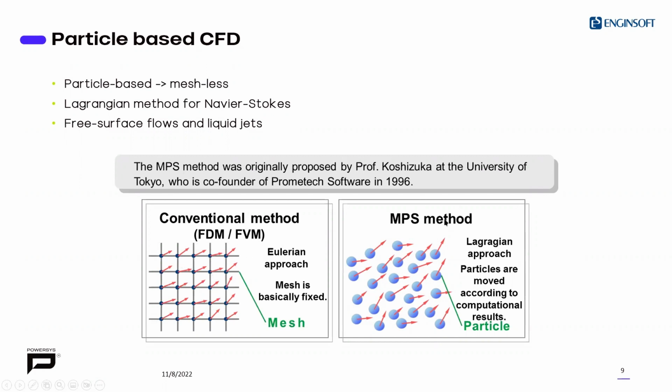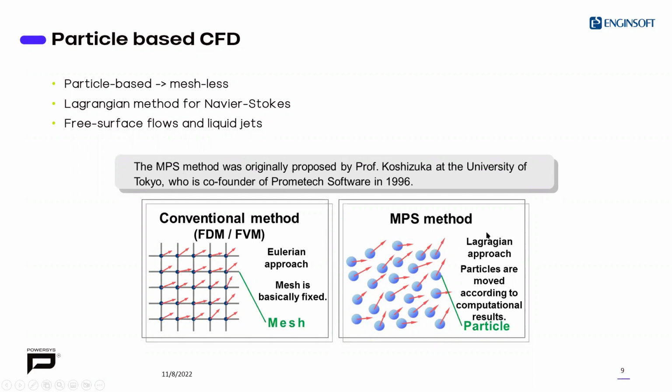But now in Particleworks, we use the MPS method, where the fluid is discretized by particles, and on each particle we make the calculation in order to calculate the velocity, pressure, HTC, and so on, and the particles follow the oil flow.